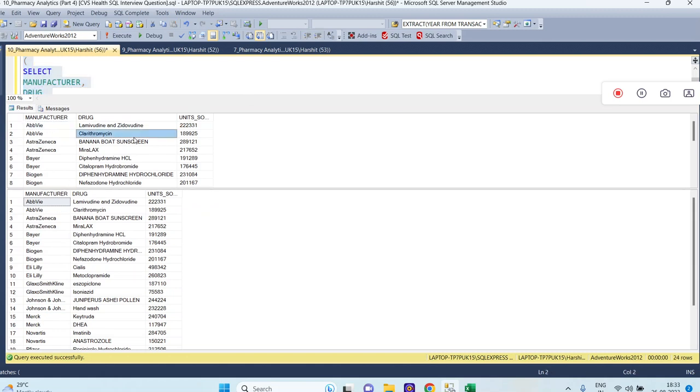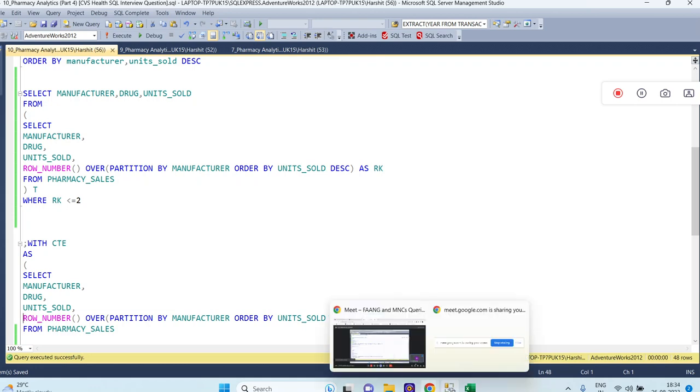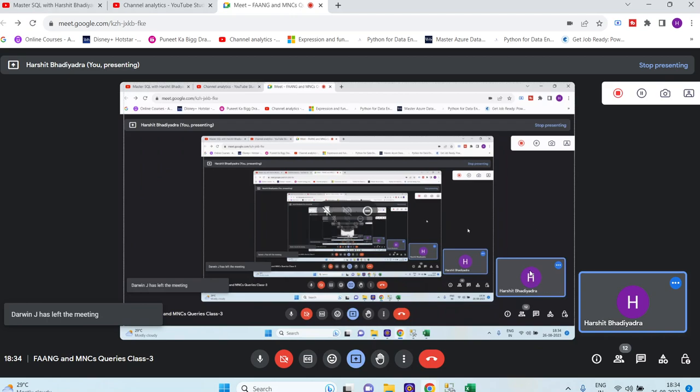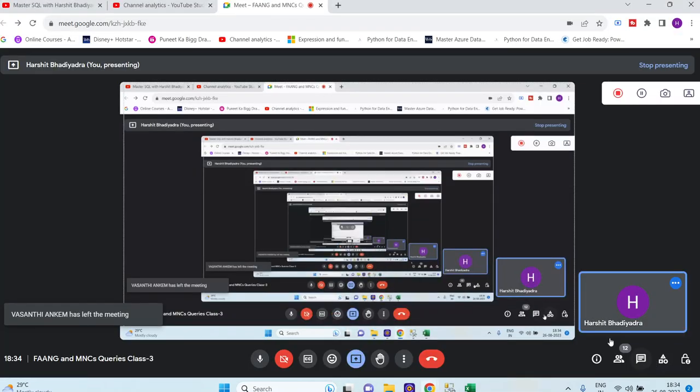The first one we have done with the use of subquery, and the second one we have used the common table expression. So is this problem clear, everyone? Clear, right, guys?